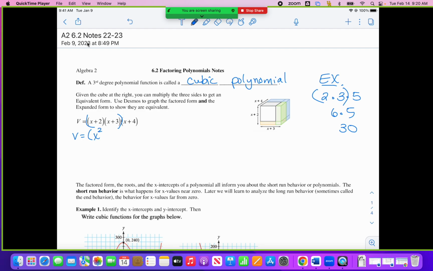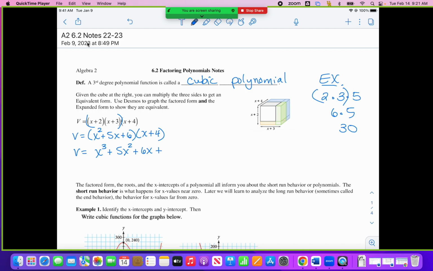This is x squared, 3x plus 2x is 5x plus 6, times the x plus 4. Now, to multiply, I'm going to take the trinomial times x and the trinomial times the 4. So that's going to give me x cubed plus 5x squared plus 6x. So I took the trinomial times the x.